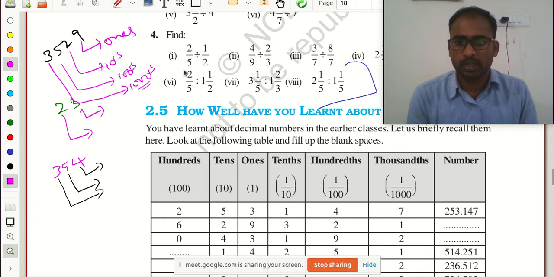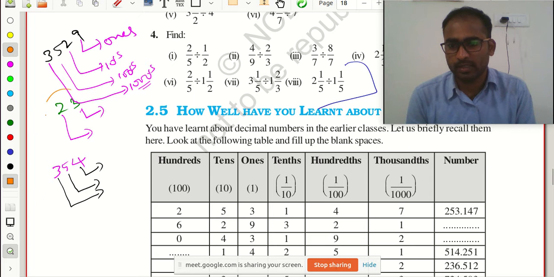See how I am telling: this is in the ones place, this is in the tens place, this is in the hundreds place, this is in the thousands place. Here, this 23 I can write as 20 plus 3.